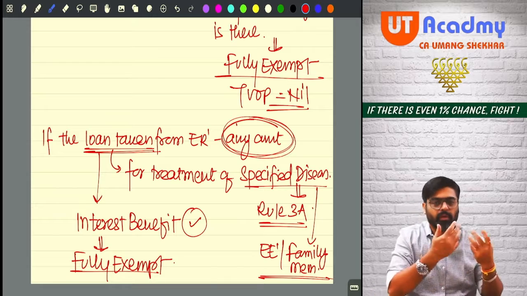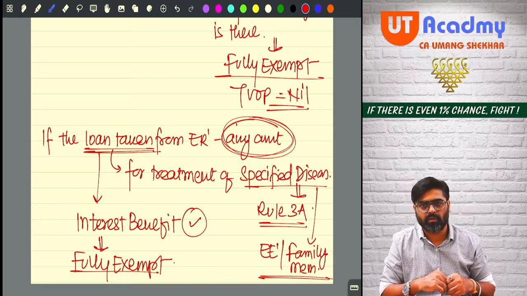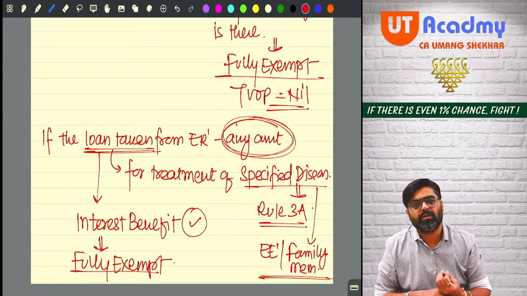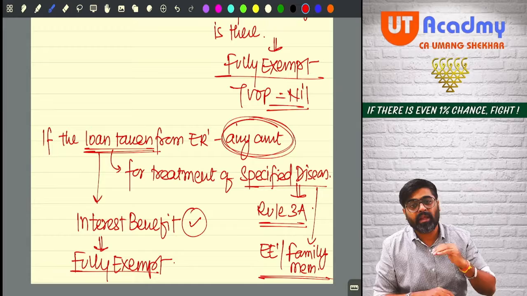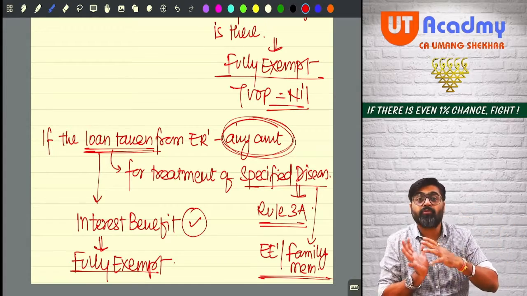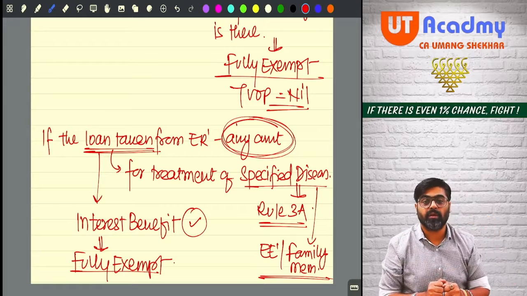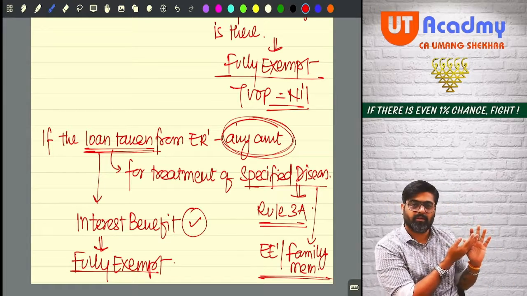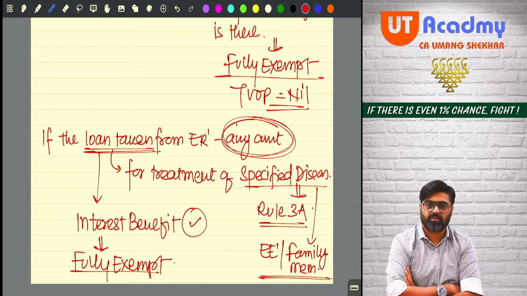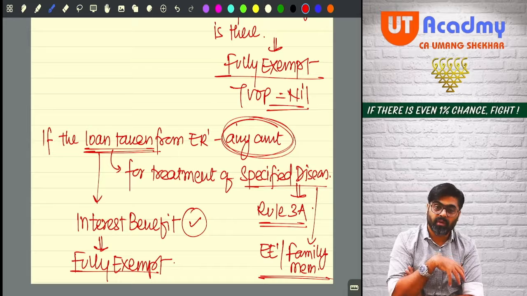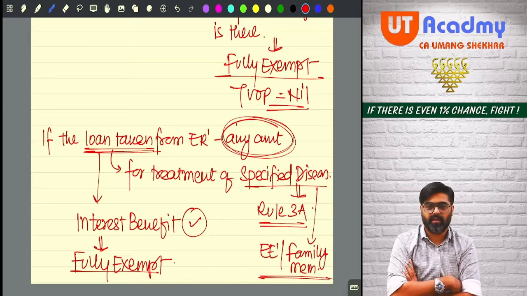But if he goes to a bank to take that medical loan, the bank is charging 15%. He was very much in need of money, but if he had taken that money from the bank, he would have paid 15% extra as interest. So he told his employer, see, the bank is going to charge me 15%, so the cost of that treatment will go very high.